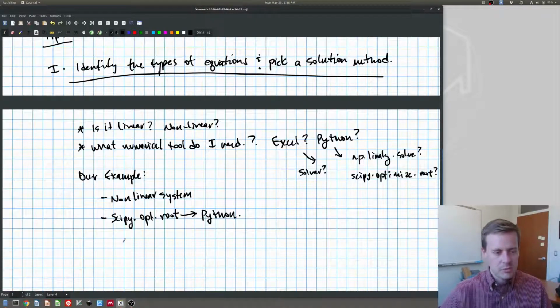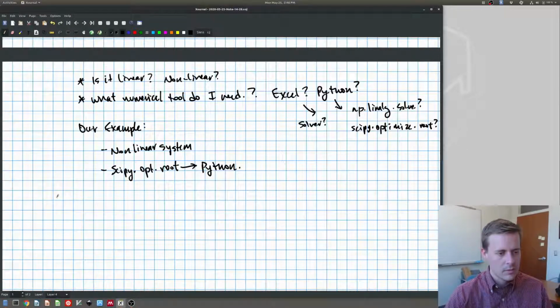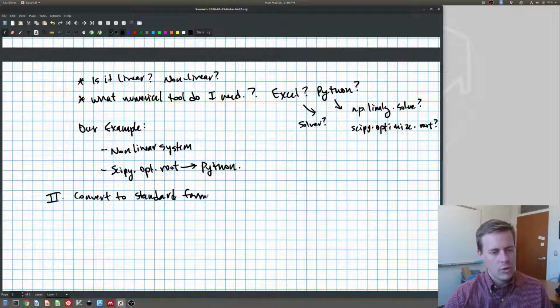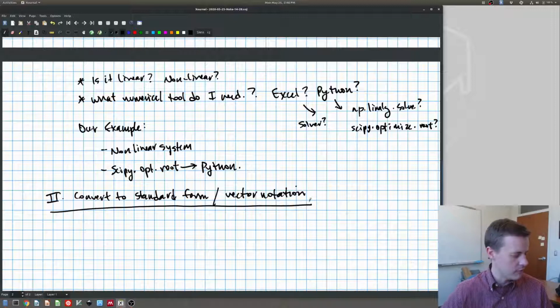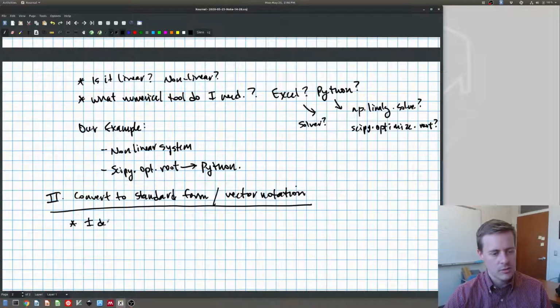Okay, tip 2, which is convert to standard form, or vector notation, which we'll see is key to this. The key to converting to standard form is being able to identify your knowns and unknowns.